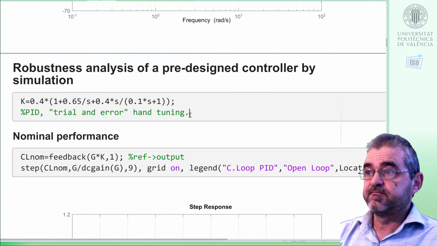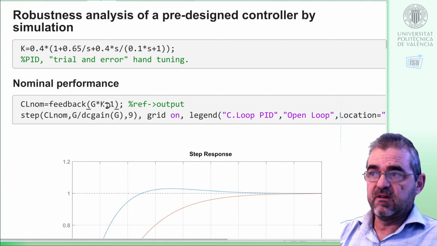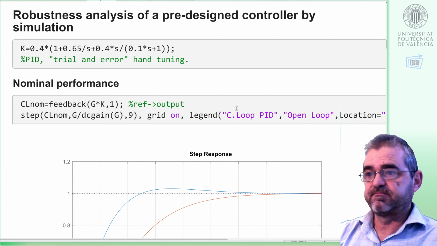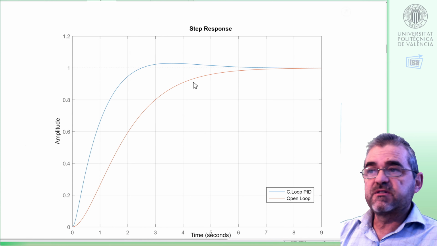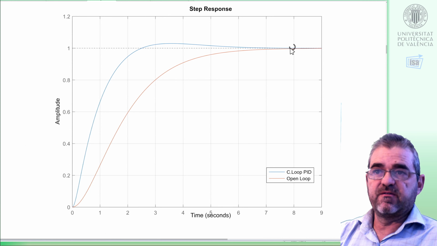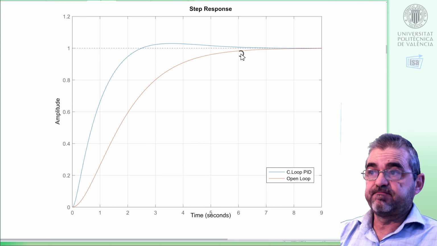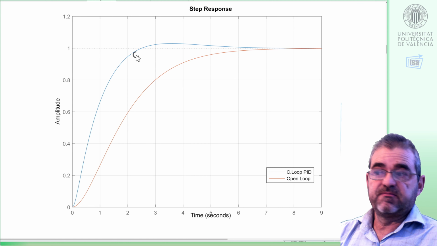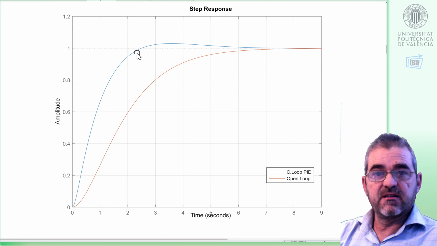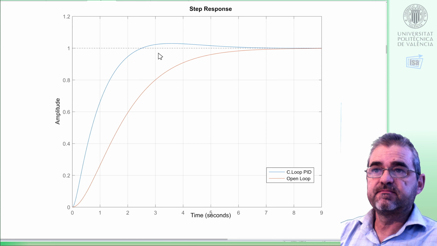So let's do it. This CL_num stands for the nominal closed loop, from reference to output. So here we have a nice response, in which the open loop response, step of 1 over the DC gain so that it ends in 1. That open loop settling time, around 6 seconds, is accelerated almost 3 times until 2.5 seconds, let's say, rise time, and we are happy with this performance.